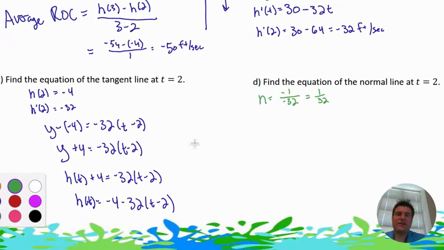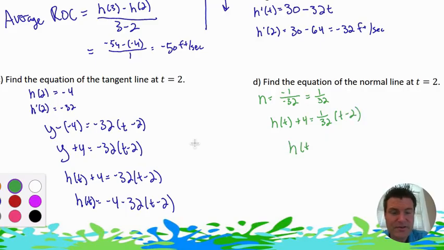And then from there, I can use our equation of a tangent line, which I have everything else from part C right in front of it. So we're going to go with h of t plus 4 equals, instead of negative 32, it's 1 over 32 times t minus 2. And just a little bit of a cleanup here: negative 4 plus 1 over 32 times t minus 2.